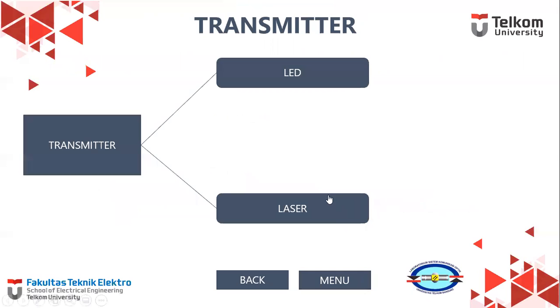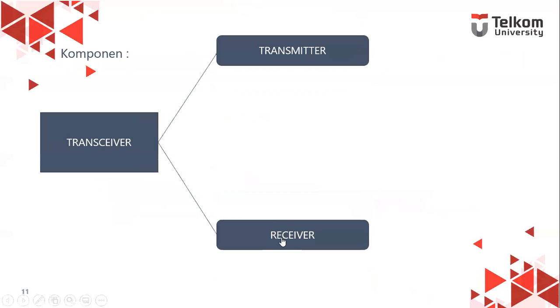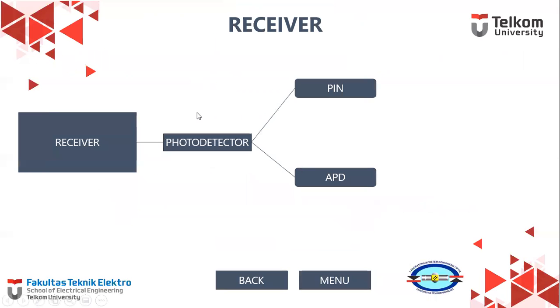Next, we're gonna take a look at the receiver side. In the receiver, we have a photodetector that has types PIN and APD. The photodetector itself works to capture light signal and turn it into electrical signal. The photodetector has two types.